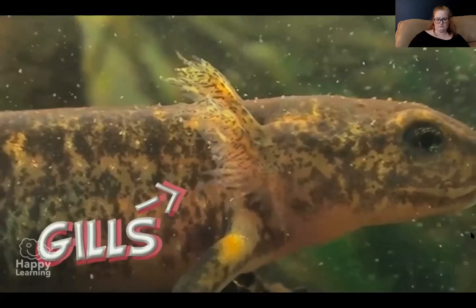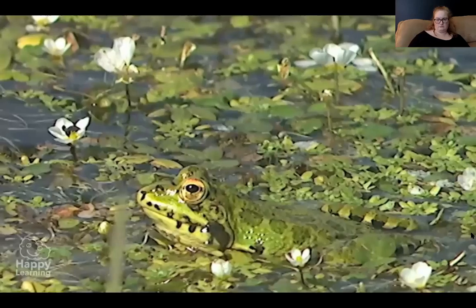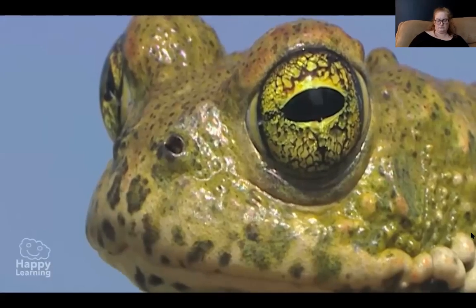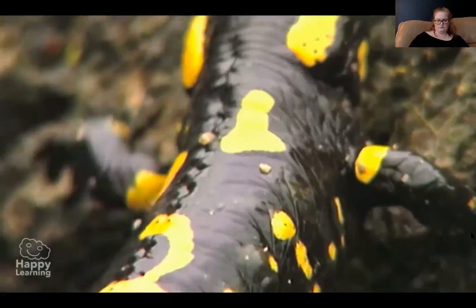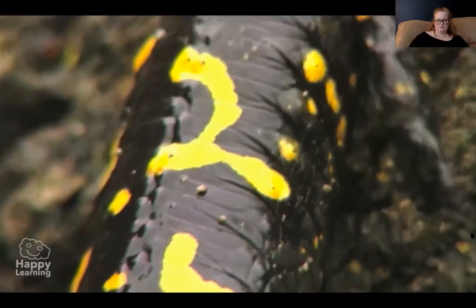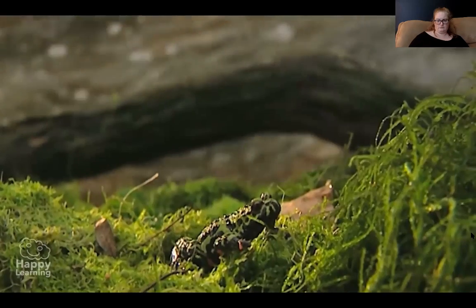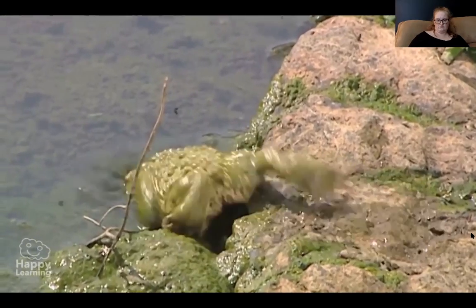In the early stages of their lives, amphibians breathe through gills. But when they grow up and become adults, they breathe with their lungs. The problem is, their lungs are very small and cannot get all the oxygen they need to live. But nature is very clever and has solved this problem by allowing them to breathe and get the oxygen they need through their skin.